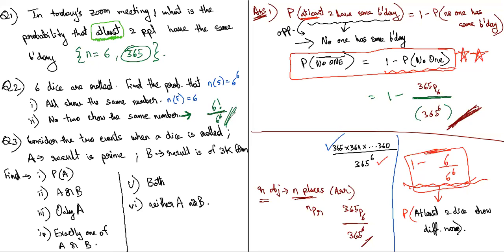Why are you people beating around here and there? What you wrote, Vaishnavi, in the chat box? What is that? Sir, I wrote 1 minus 360 by 6 to the power 6. What is this 360? Sir, because we can fill, like, it is the negation of 2 can be the same and the other should be different. So I have 6 places and 6 numbers.